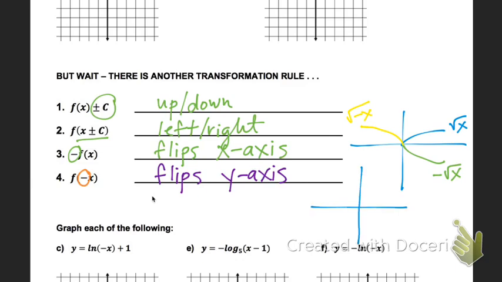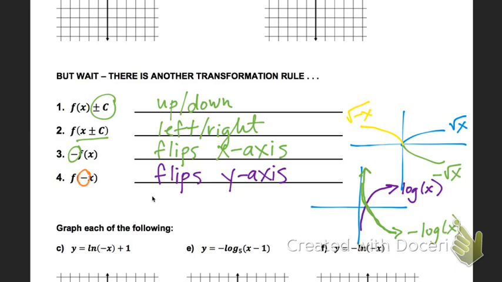The original log function looks like this. So if this is like log of x, if I flip the x-axis, it just flips like this. That's like saying the negative log of x.